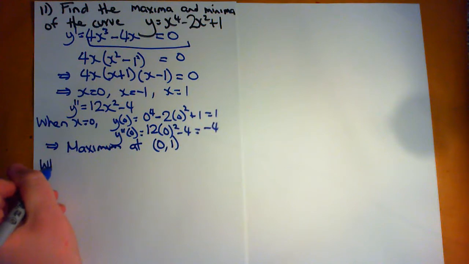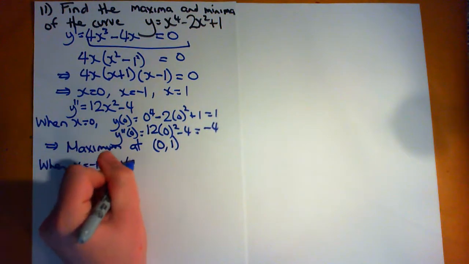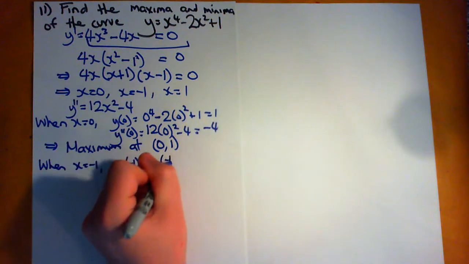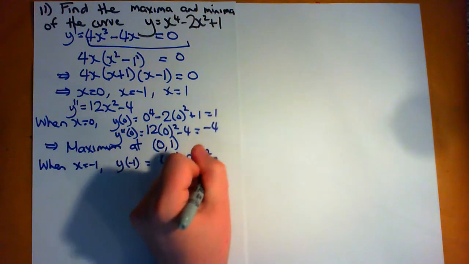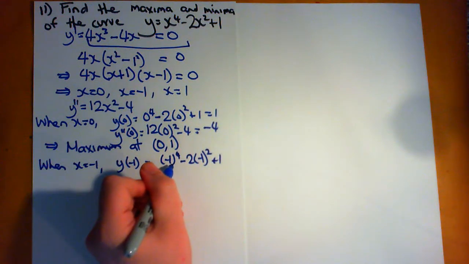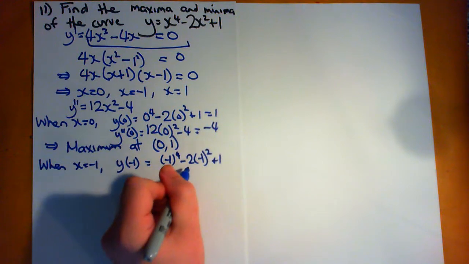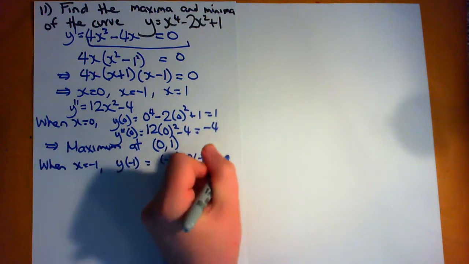So when x equals negative 1, y of negative 1 is negative 1 to the power of 4 minus 2 times negative 1 squared plus 1. Negative 1 to the power of 4 is 1. So this is 1 minus 2 plus 1, which gives us 0.